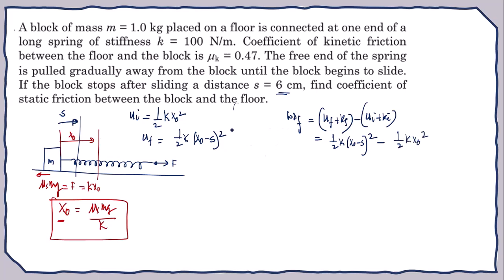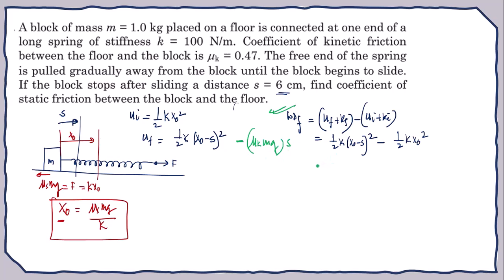What is the work done by friction? In the entire process, the block moves a distance s, and during that process only the kinetic friction acts. So the work done by friction is minus mu k mg into s.